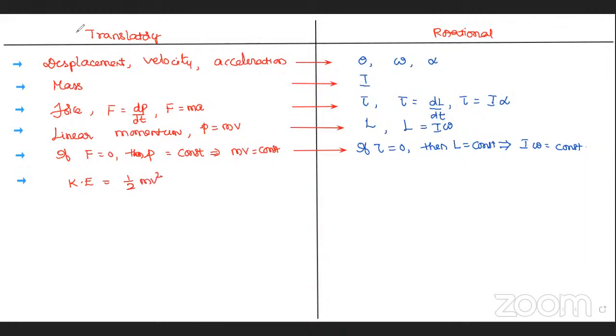Same, rotational kinetic energy we learned as half I omega square. KE is equal to half I omega square. Okay, extra things. Just 1 minute, Nana. Give a chance.